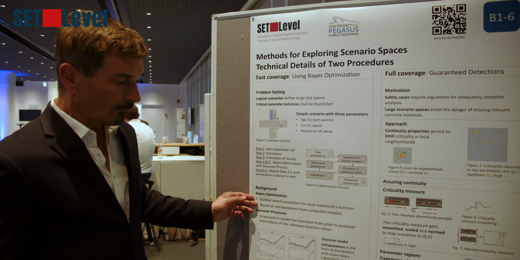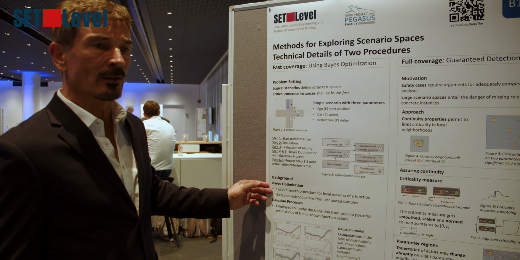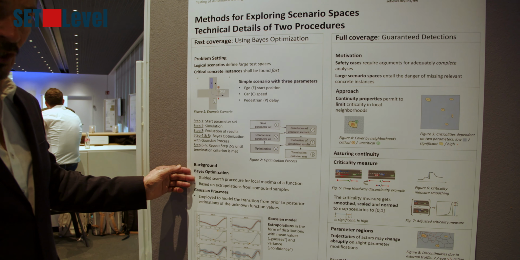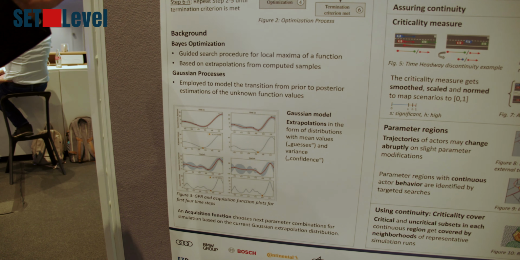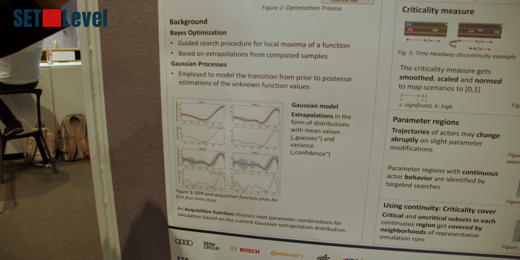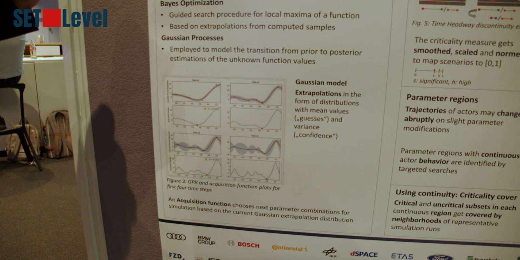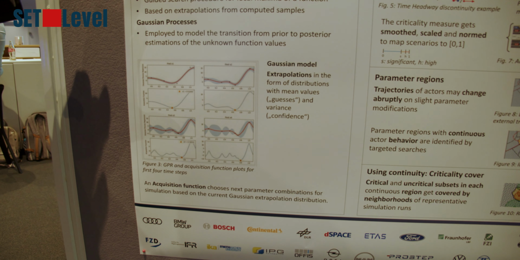This is, coming to the bottom of this poster, an instance of the well-known method of Bayesian optimization, where from the known points, little points in red, the unknown target function, the criticality function on the scenario space, is estimated from the already performed simulations.